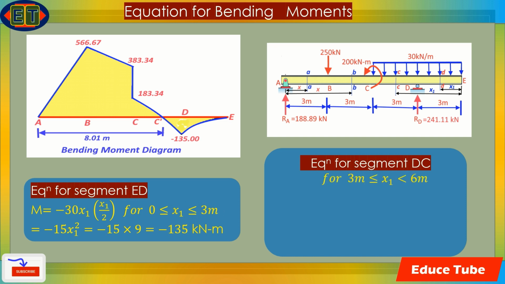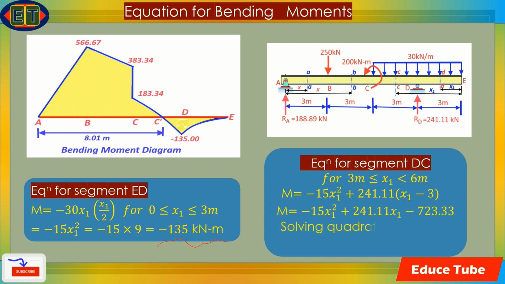So we get here minus 15 x1 square, equal to minus 15 into 9. So we got minus 135 kilonewton meter. This is nothing but taking moments. I mean, this is the force, this is the lever arm, so we get the moments.